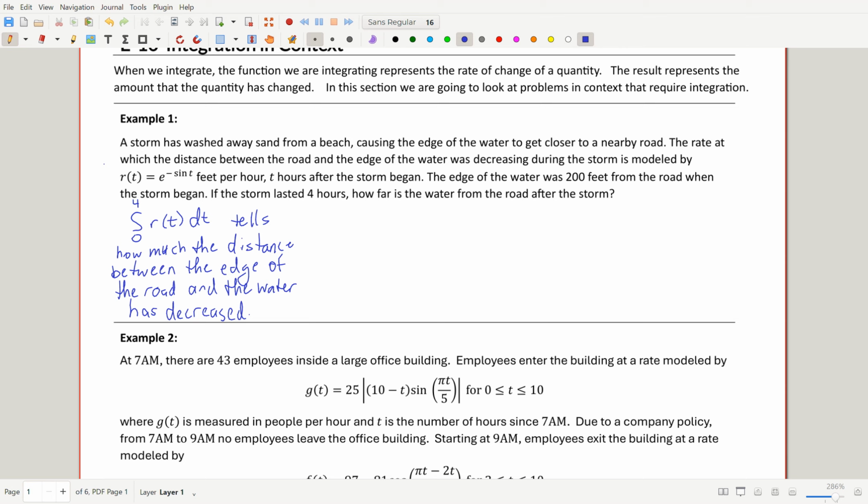If I said the distance between the edge of the water and the road has decreased by this many feet per hour, would I be giving you a negative number there? Would I say it decreased by negative 3 feet per hour? No. So very often these functions, even if they represent something decreasing, the function is telling you the size of that decrease, so that function ends up being positive.